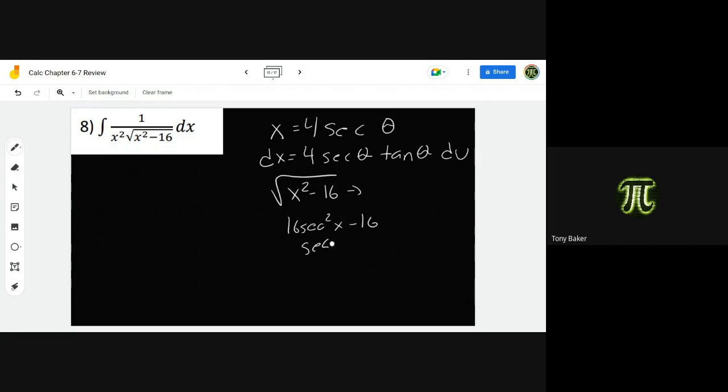So secant squared theta minus 1, which is tangent squared. So we got 16 tangent squared theta. So that becomes 4 tangent theta. Yes. It's 4 secant theta squared because we're replacing the x with secant theta.